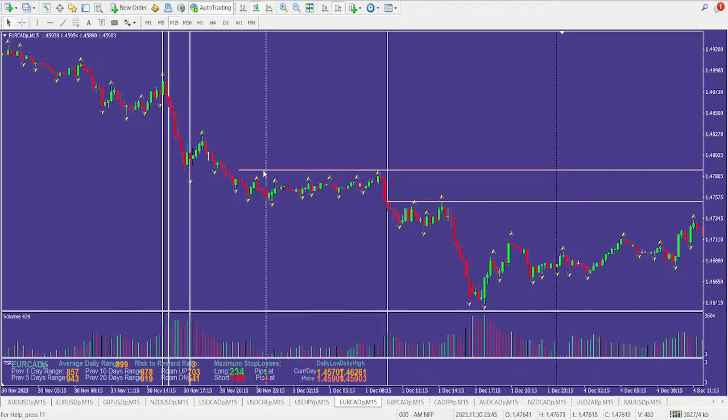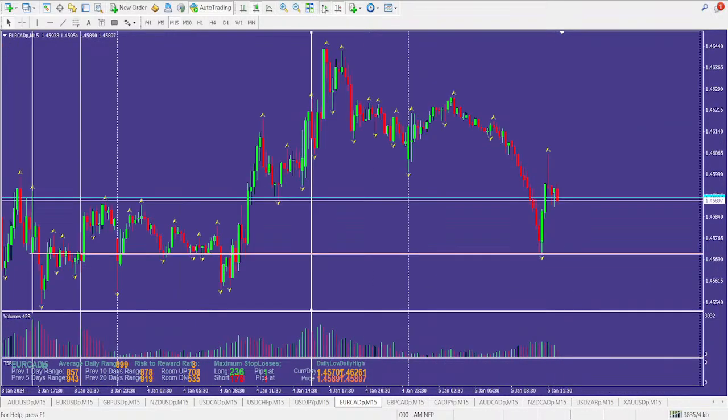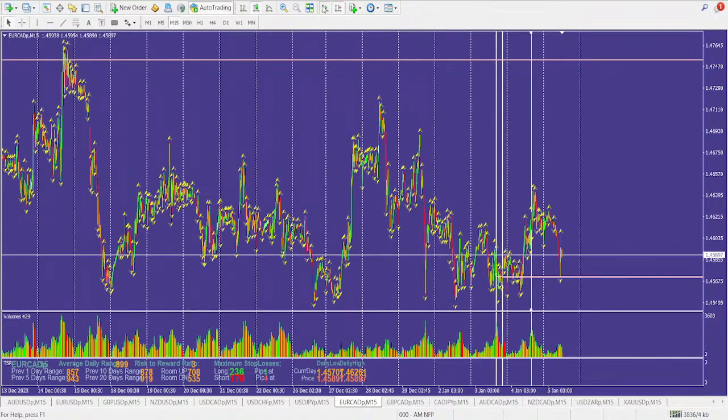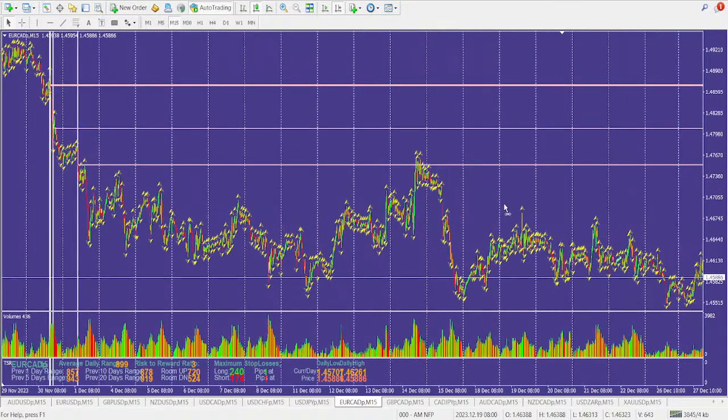Then November 30 over there, and over there, which is the same level. So now if we zoom out, there we go. This will be our level of supply that we'll focus on.